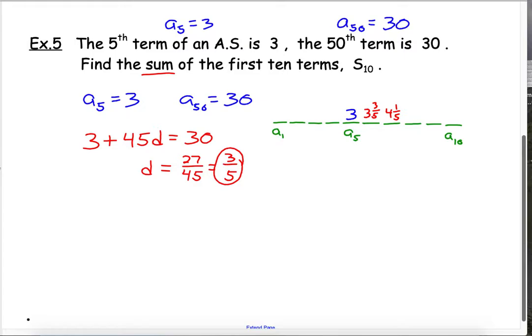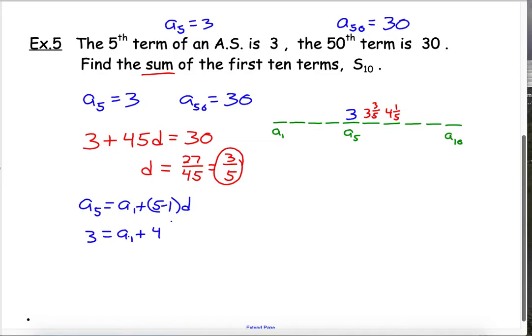Now, by the way, let's back up for a second. If we know the common difference is 3/5, let's switch to, how about blue? I know that a sub 5 is equal to a sub 1 plus 5 minus 1 times the common difference. And a sub 5 was 3. I don't know a sub 1.